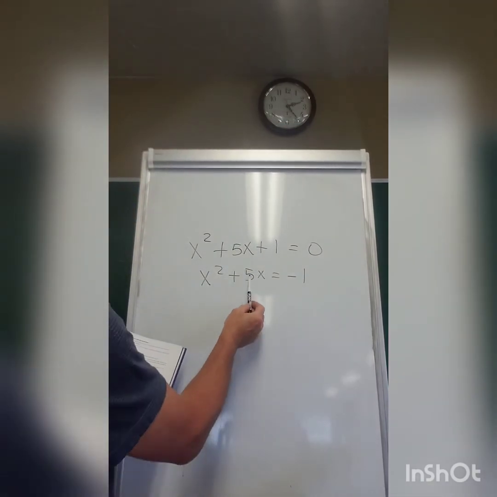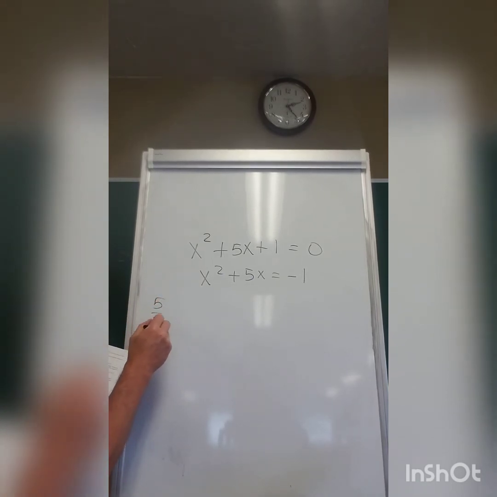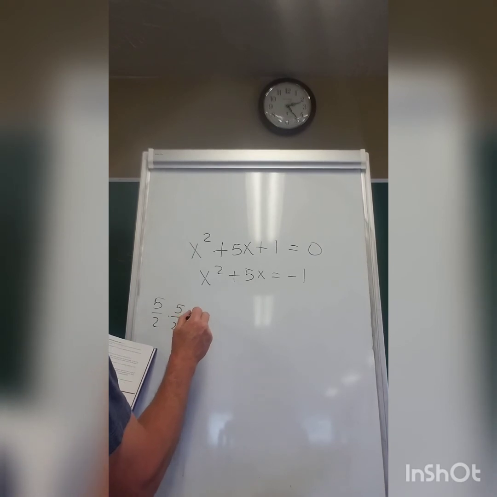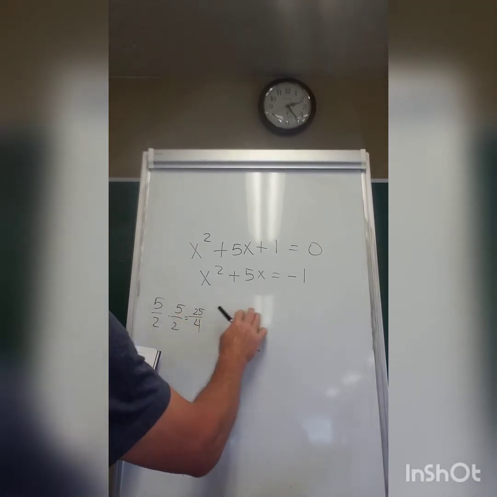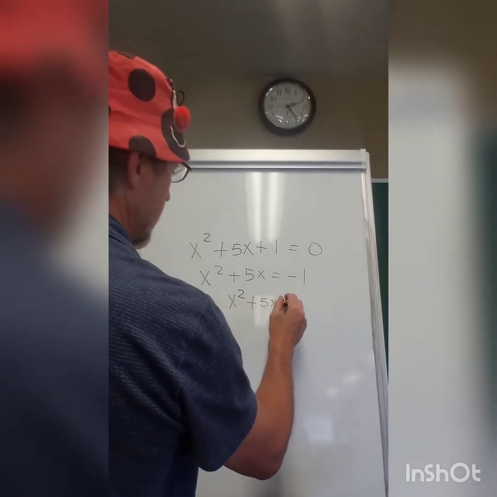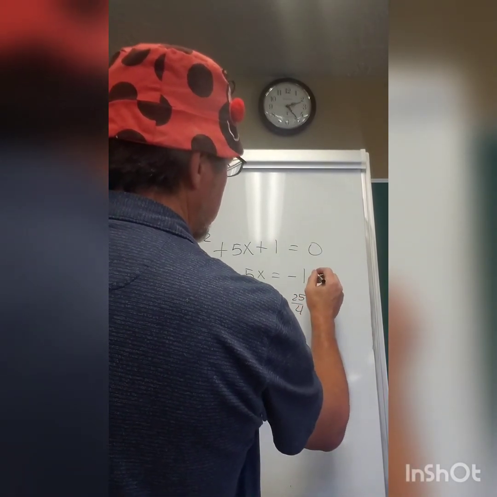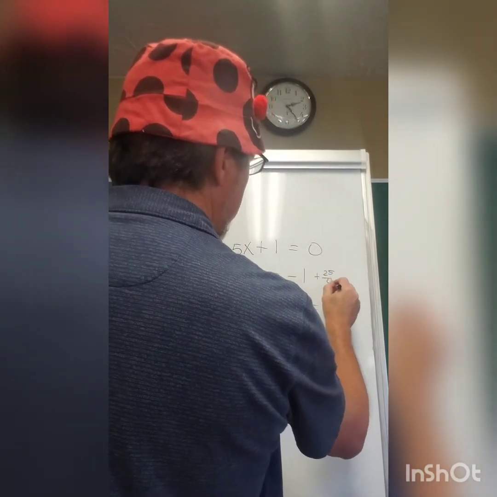Okay. Divide this by 2, which is going to be what? 5 over 2. Square it. It's going to be 25 over 4. All right. Add 25 over 4 to both sides. So now we have x squared plus 5x plus 25 over 4 equals, so what's negative 1 plus 25 over 4?